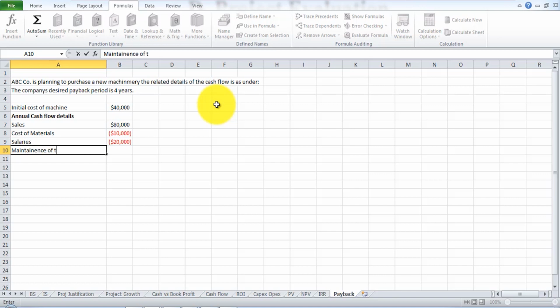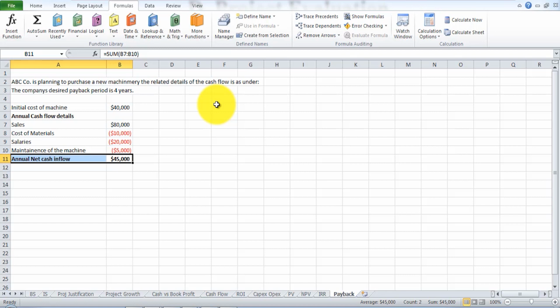Maintenance of the machinery another $5,000. Yeah, pretty much that's it. So we can say annual net cash inflow will be equal to $45,000 annually. Okay, but wait a minute, compared to this, the initial cost of the machine is very less, right?